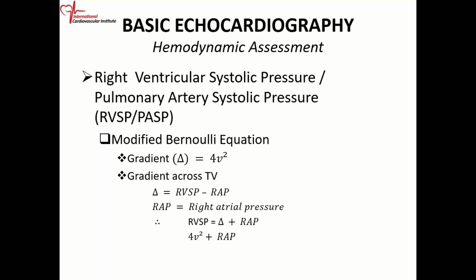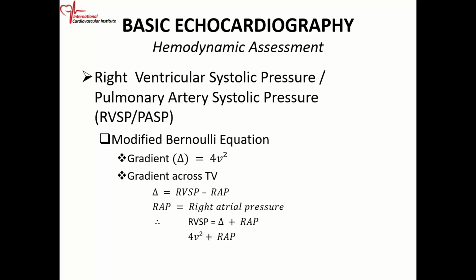Let's look at tricuspid regurgitation, because we went through all of this to see how we can calculate gradients in the chambers. The definition of tricuspid regurgitation is blood flowing from the RV across the tricuspid valve into the right atrium.